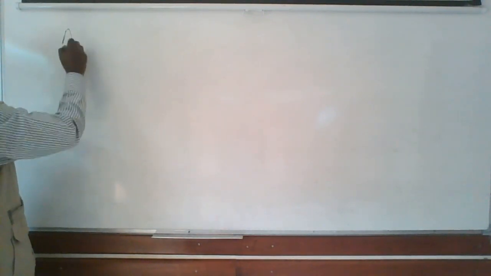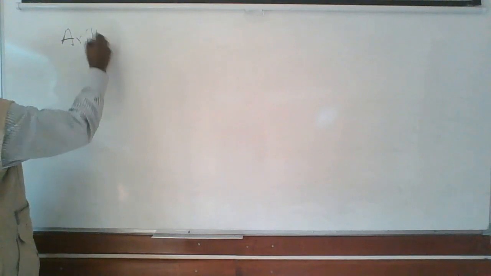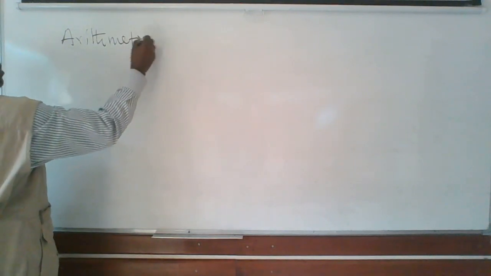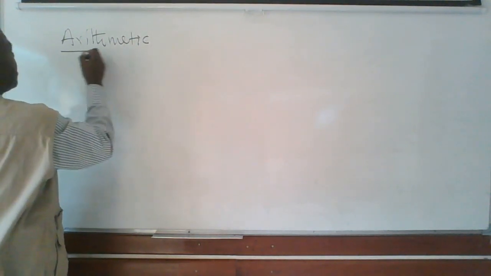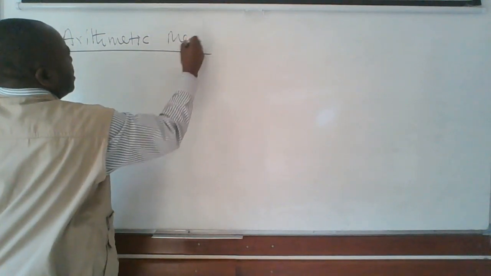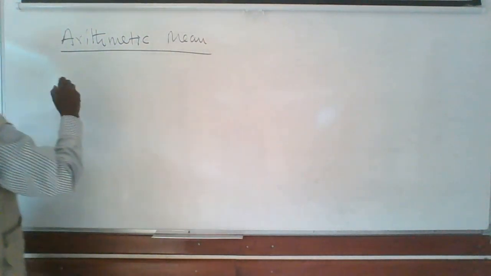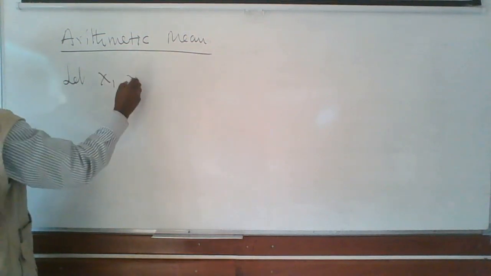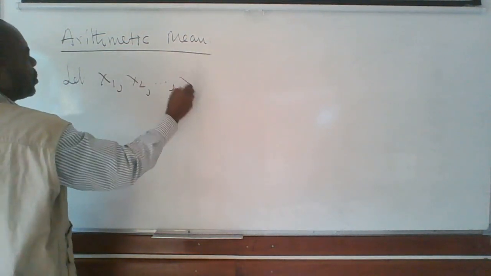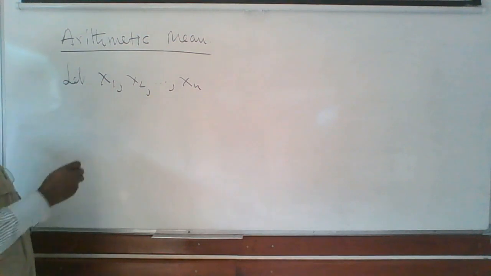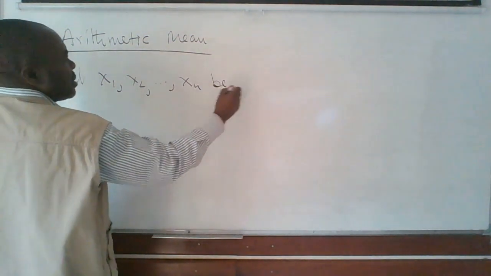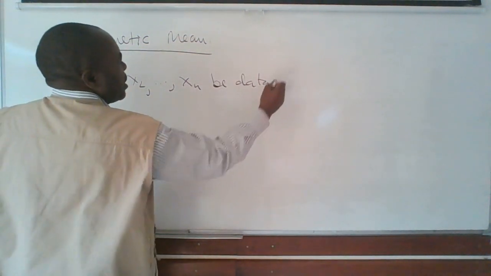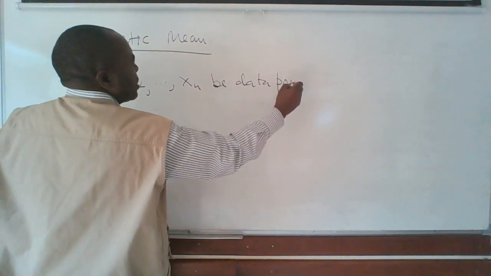So the arithmetic mean, I'll give the definition. Okay. So let x1, x2 up to xn be data points. These are data points.